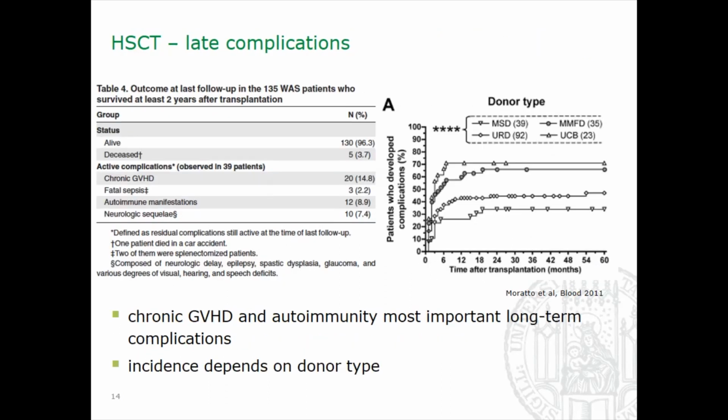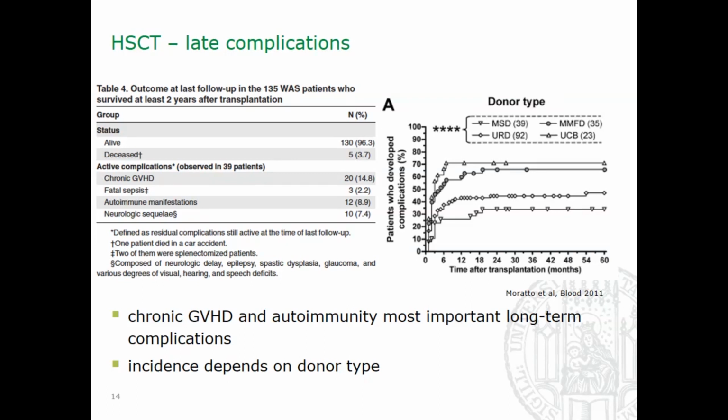But what this study nicely also did, they also looked at late complications after transplant, which we should not forget, because we always look at those survival curves, and if a patient survives, we automatically assume that he's fine, which is not always the case, because patients after transplant may experience complications, and these complications are of different severity.